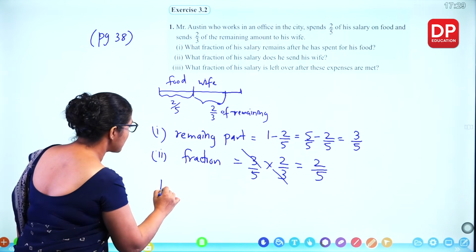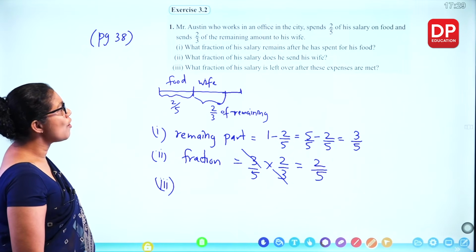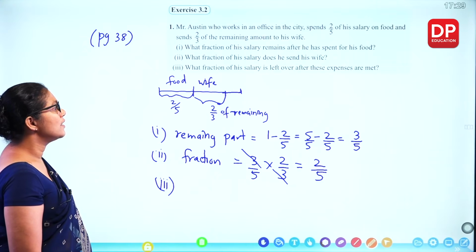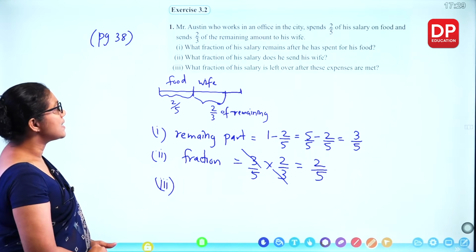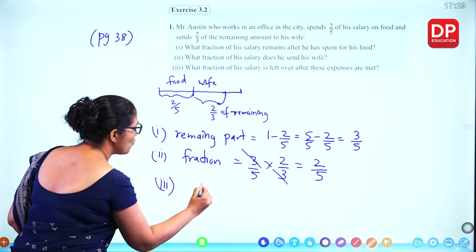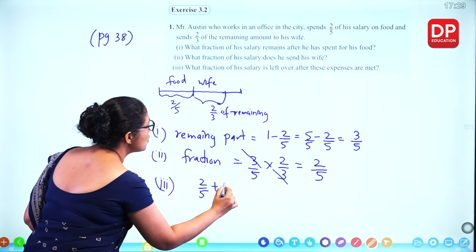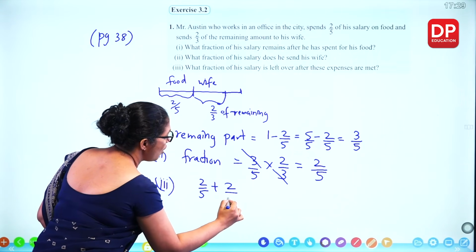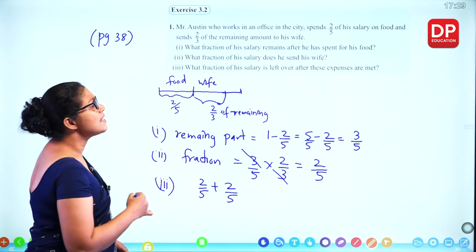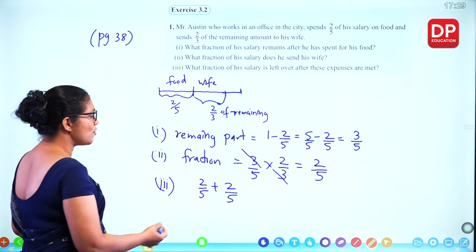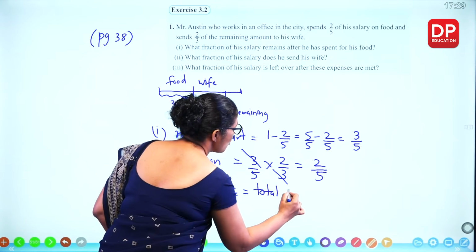And the third part, they are asking what fraction of his salary is left over after these expenses are met. So he spent 2/5 for food. He sends 2/5 for his wife. And what's the remaining part? First you have to find the total parts that he spends.